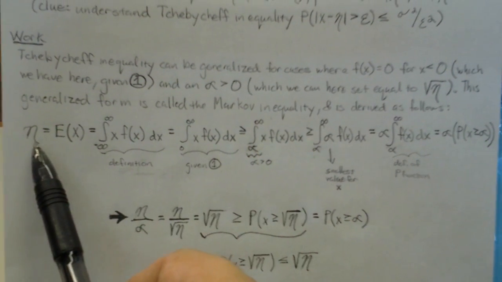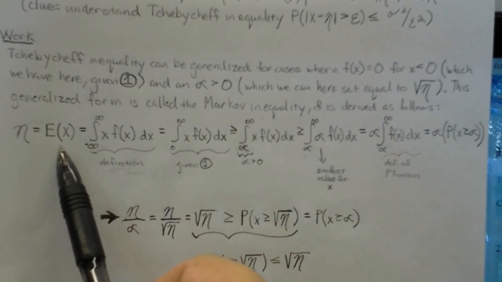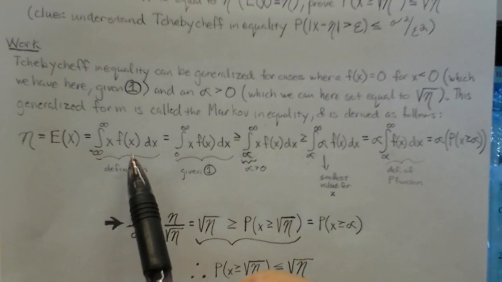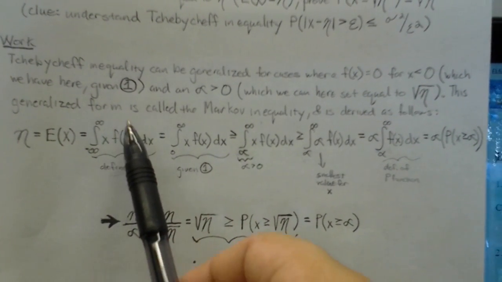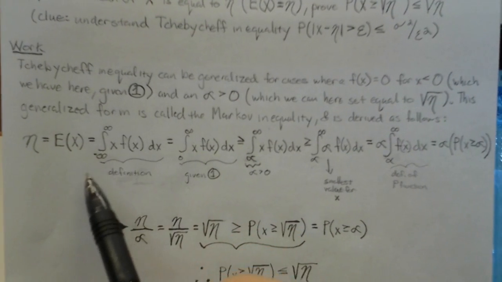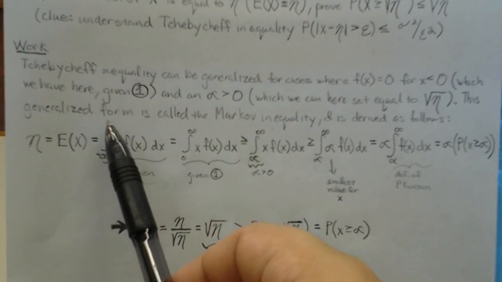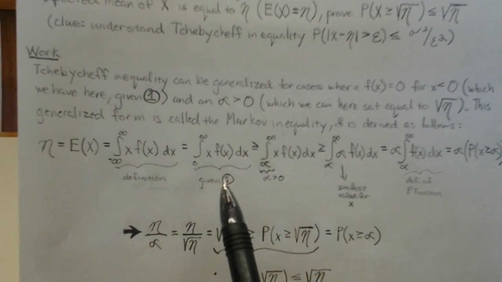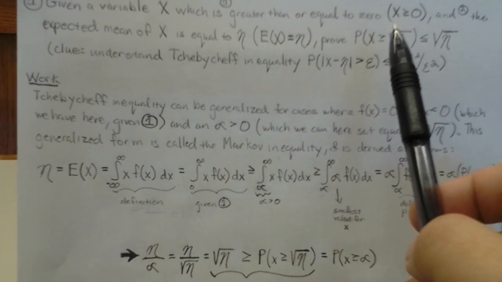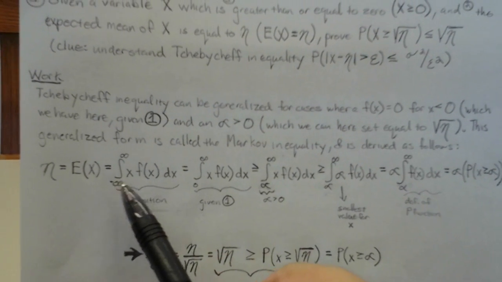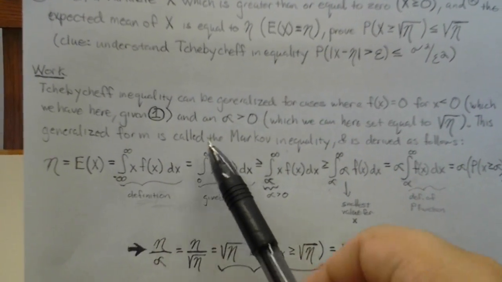Basically, eta, which represents our expected mean, is defined like all of our expected means, as the integral from negative infinity to infinity of x times the function f of x. In our case, because we're working with only x greater than or equal to 0, we can go from 0 to infinity.